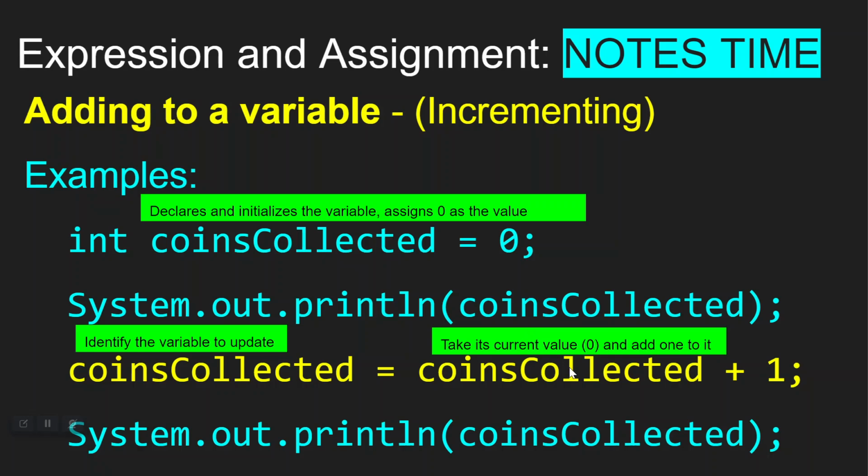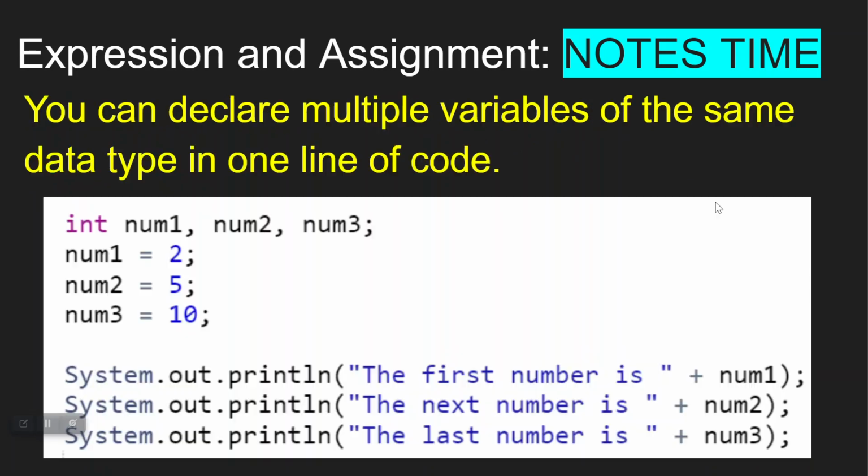And then over here, coinsCollected plus 1 means take its current value, which of course is 0, and then add 1 to it. So then down here where I'm printing coinsCollected again, this is now going to print the value of 1. So we are incrementing in this case. We've taken that initial value, we've added 1 to it. This is an example of what we call incrementing a variable.